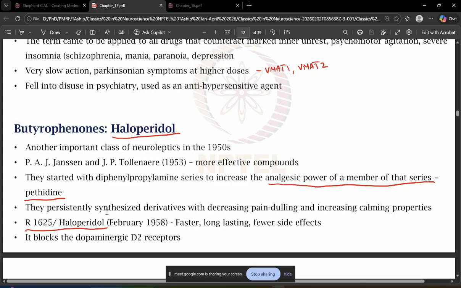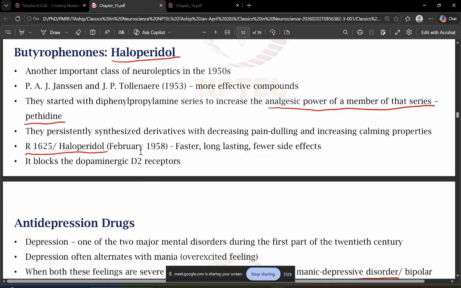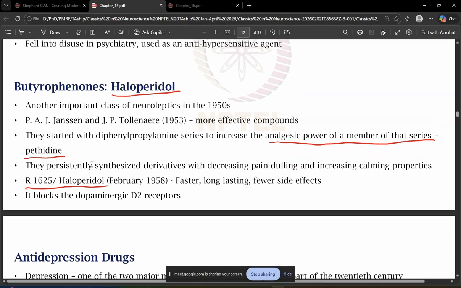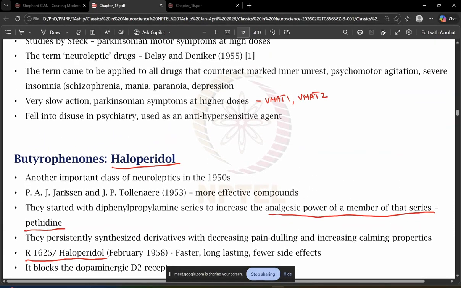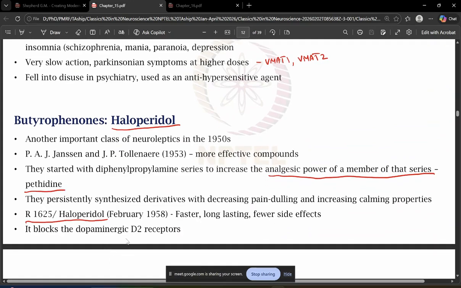They came up with this in February of 1958, and it was seen that haloperidol acts much faster, is more long lasting, and has fewer side effects. Later it was shown that its mechanism of action is that it blocks the dopaminergic D2 receptors.